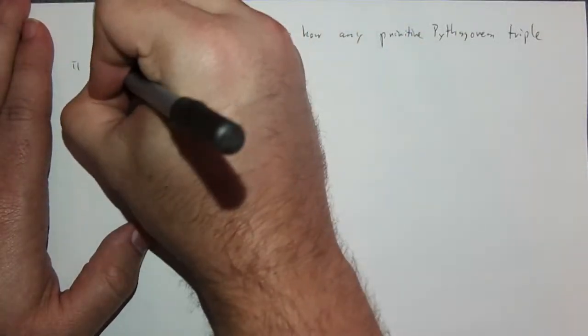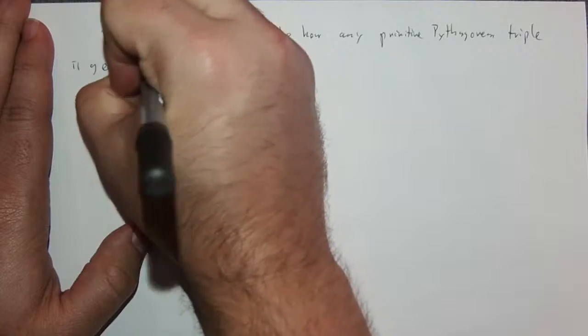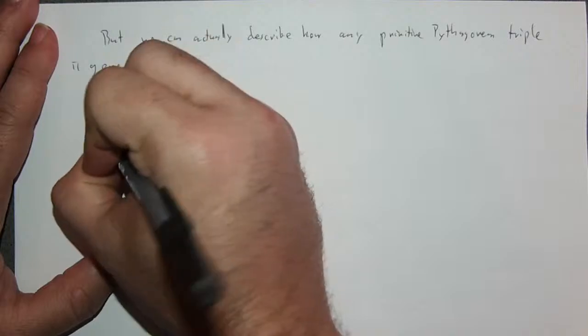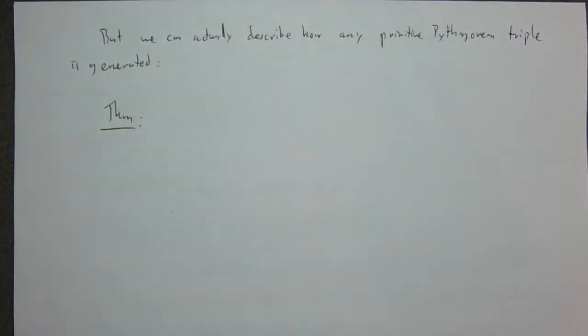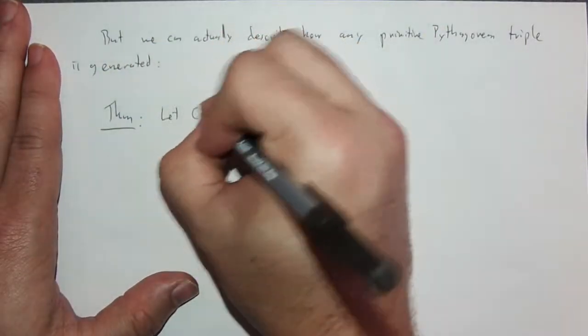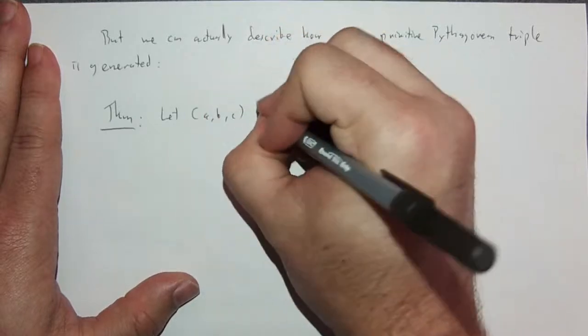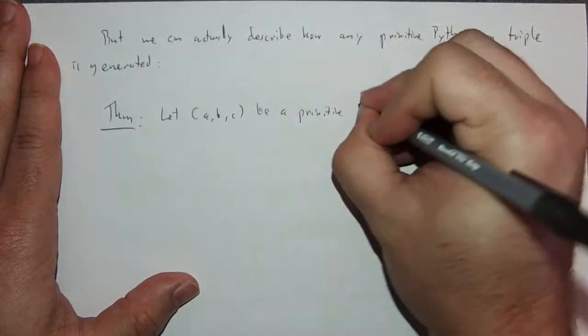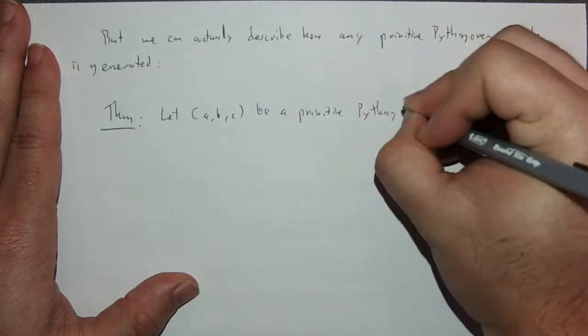So this is going to hit everything. So this is the main theorem in this section. So let A, B, C be a primitive Pythagorean triple.